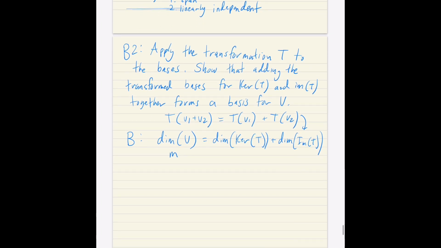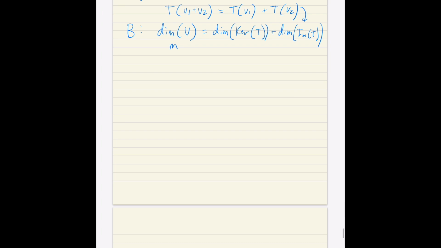So let's get to the proof. Here is our proof. By proposition 5.52, the kernel of T is a subspace. That's what the proposition says.